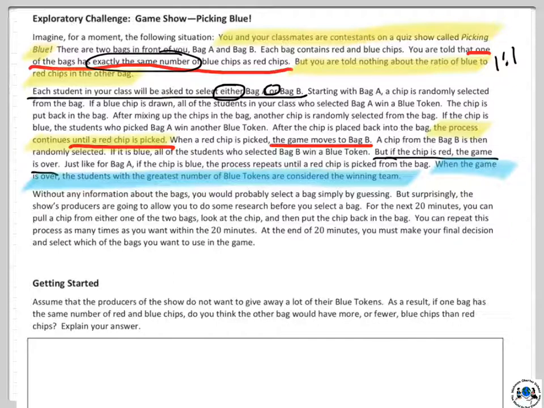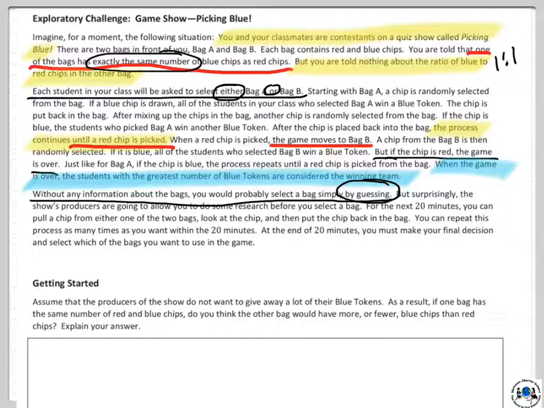When the game is over, the students with the greatest number of blue tokens or points are considered the winning team.